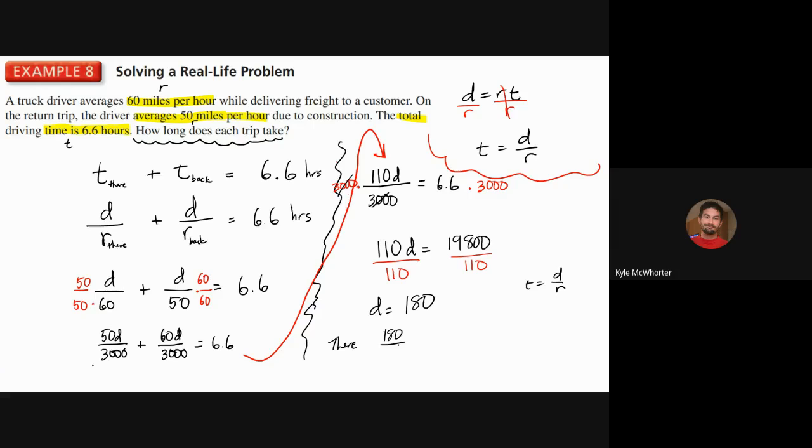On the way there, it's 180 divided by 60, which is 3 hours. On the way back, the distance was 180, but the rate was 50 miles an hour. So 180 divided by 50 is 3.6 hours. So it took 3 hours to go there, 3.6 hours to come back.